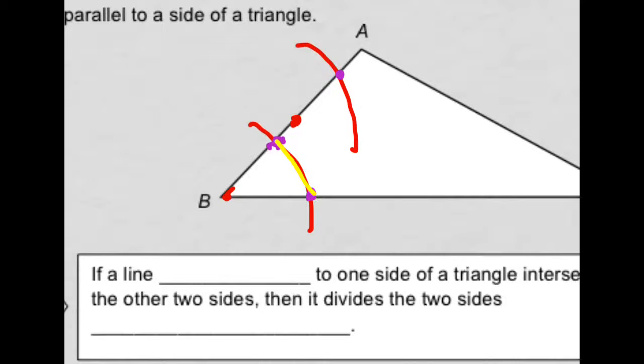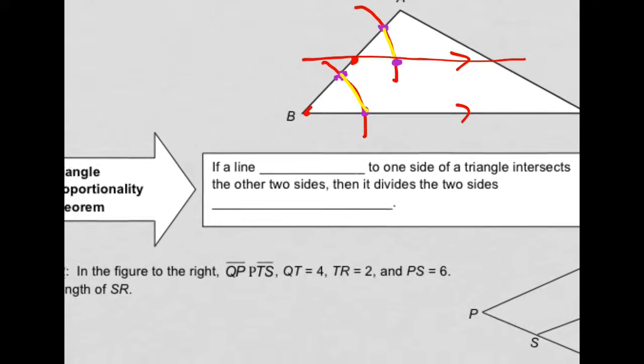We would take this point where the arc and the side intersect, and then measure that distance all the way over there, find where that distance stops, and then run a parallel line through there, through those 2 dots. Now, you guys don't have to do that. I'm just trying to remind you what that construction is, but don't worry about it. You won't have to do that for a test.